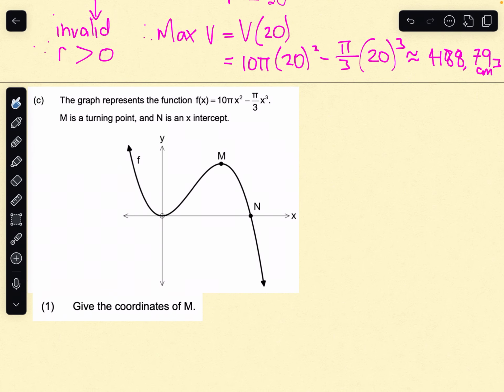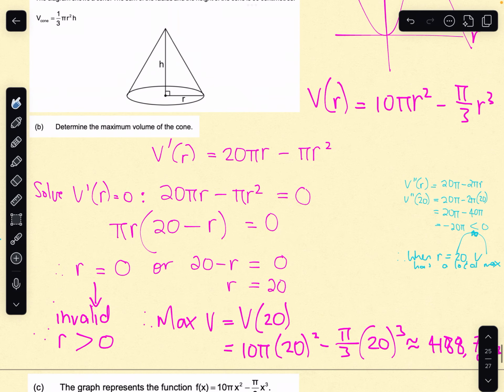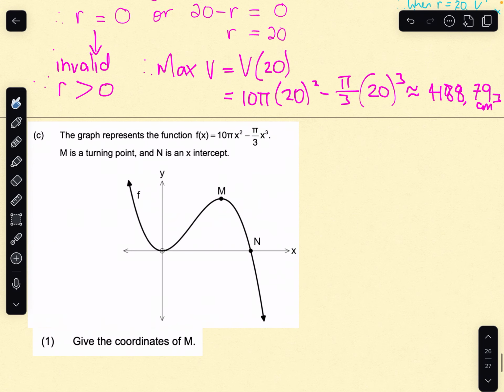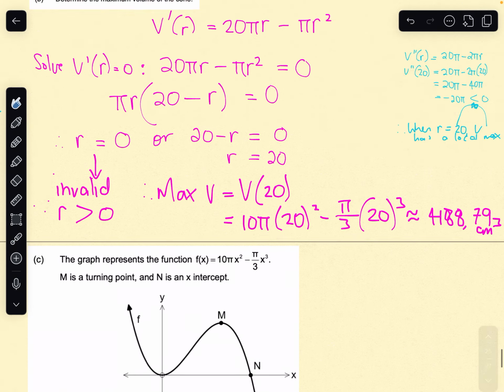The graph represents the function f of x is equal to 10 pi x squared minus pi over 3 x cubed. So this is the volume function that we found here, except our r's are now being called x's and our function is called f instead of v. Right, and we see that it is like what I sketched here.